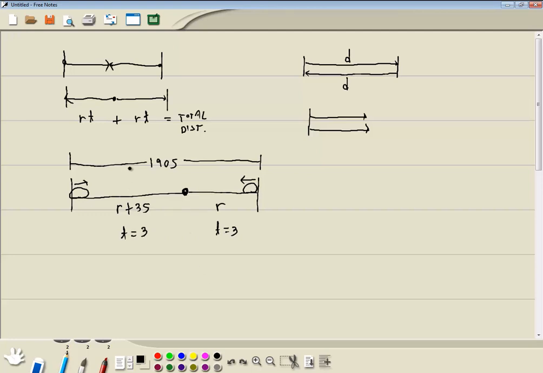Now remember what I said. These are working together to achieve this. So we're going to have this set up right here. So we're going to have rate times time of this plane. So we're going to have r plus 35 times 3 plus r times time here. R times 3, or 3r, is going to give us our total distance.